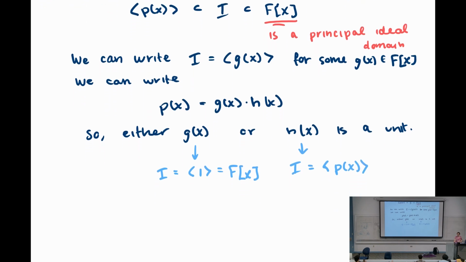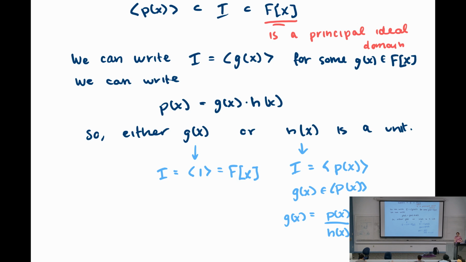Let's just show that g(x) is in the ideal generated by p(x). So g(x) is equal to p(x) over this unit h(x). Since it's a unit, we know we can invert it. And so that shows that g(x) is an element of the ideal generated by p(x), and so that means that I is equal to the ideal generated by p(x).